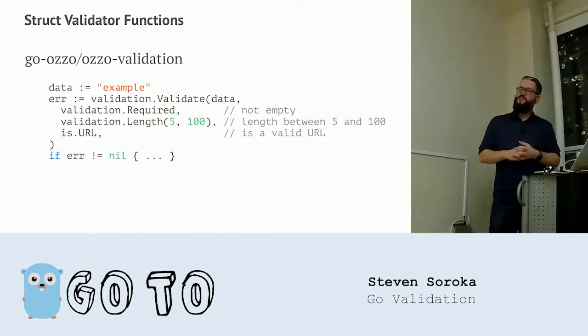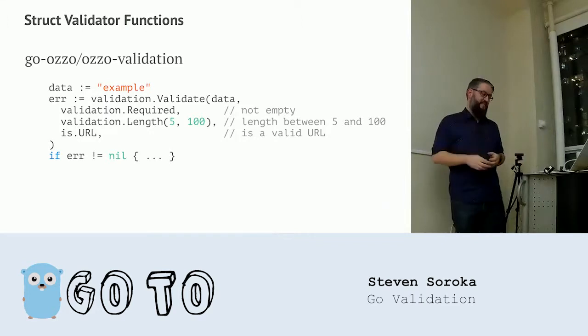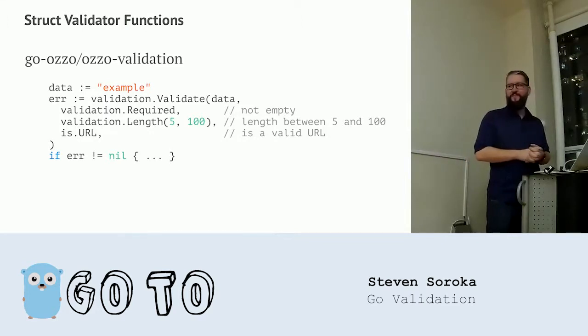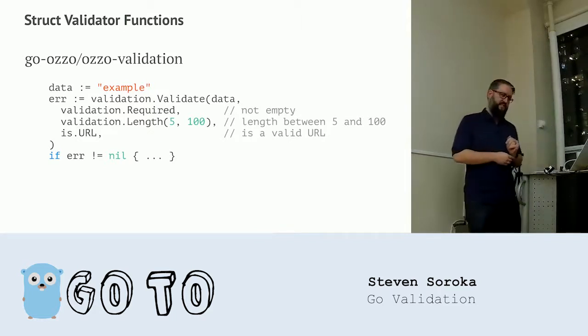This guy, Ozzo, I think he's building a framework, and he had the really nice thought to build validation as a standalone thing, and I think he actually took an approach that's really close to what I would have built. This is an example of validating a simple string. It's broken onto multiple lines just so it's easier to read.